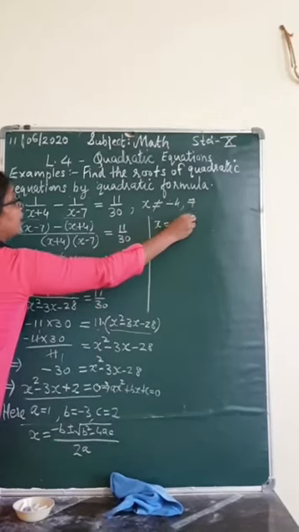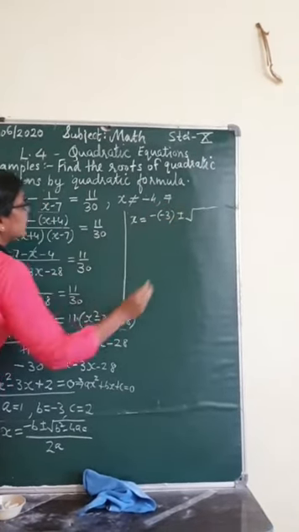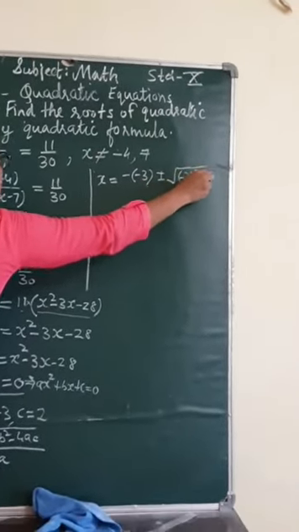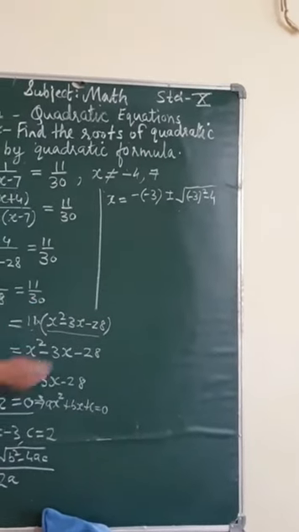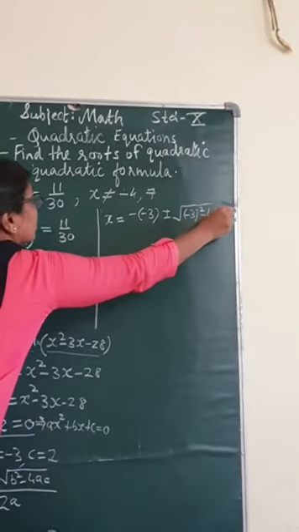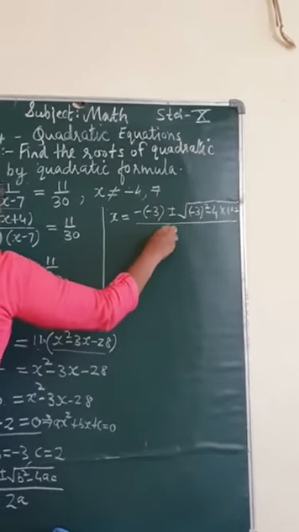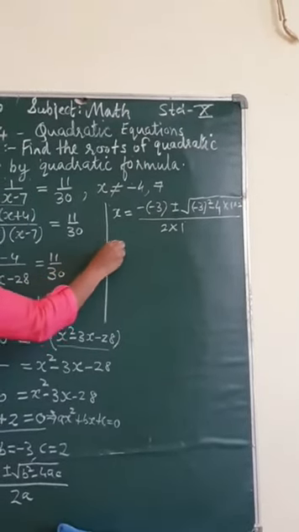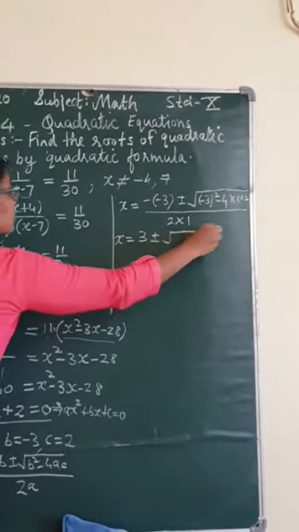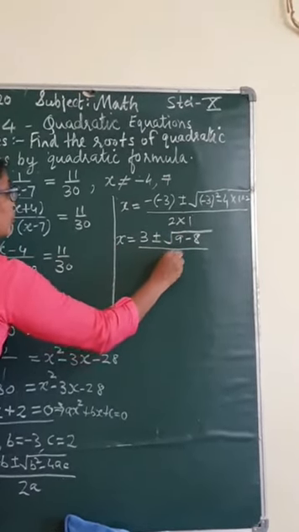So minus of minus 3 plus or minus square root of minus 3 whole square minus 4 into a is 1 into c is 2, upon 2 into 1. So it means x will be 3 plus or minus square root of 9 minus 8 upon 2.